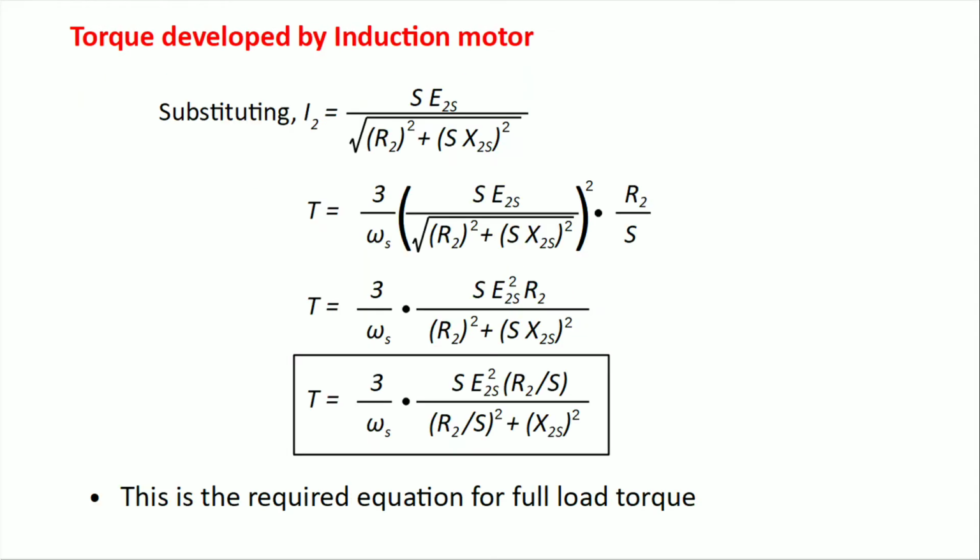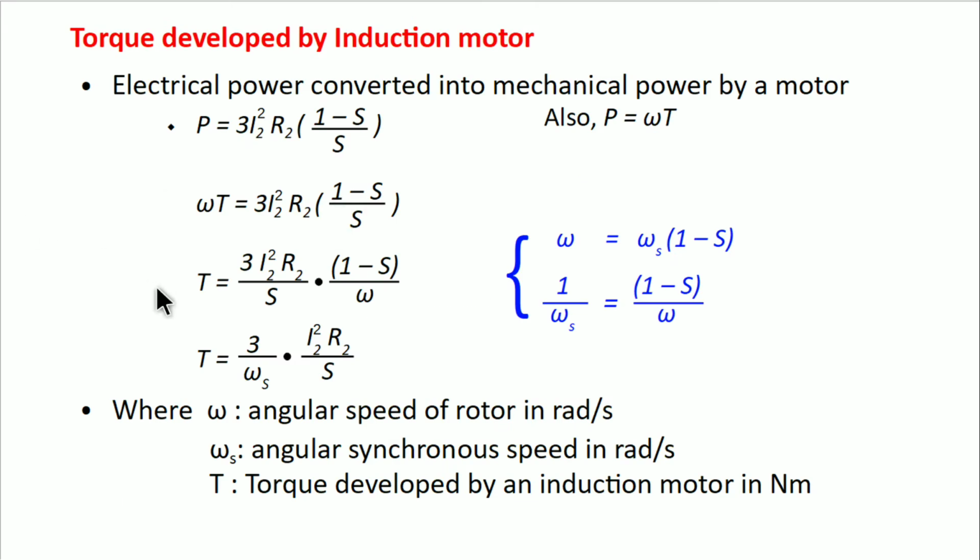Also, we know that the rotor current I2 is given by the equation S E2S divided by the square root of R2 square plus (S X2S) whole square. Substituting this value of current in the torque equation, we have to substitute this I2 square by the current equation.